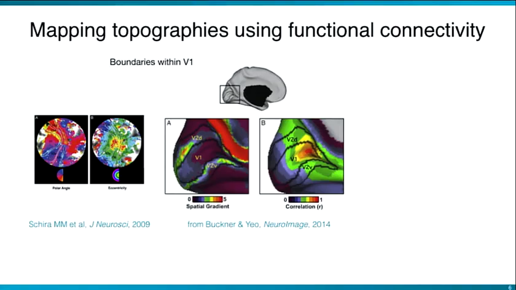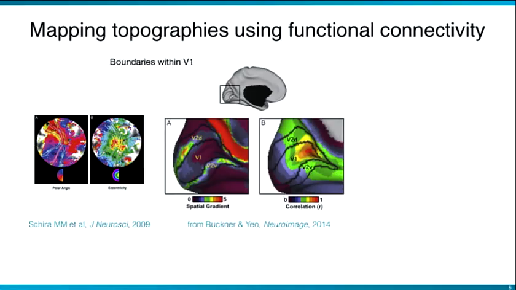There's a nice review from Buckner and Yeo in NeuroImage published a few years ago that discusses one of the differences that can be found between looking at global boundaries and local boundaries in functional connectivity. On the left, in the middle image, you can see these nice boundaries that delineate V1 from V2. These boundaries are on the lips of the calcarine sulcus, which delineate those areas cytoarchitectonically.